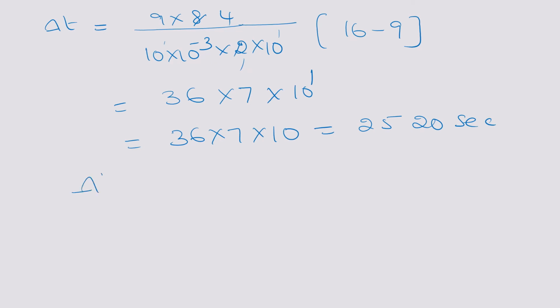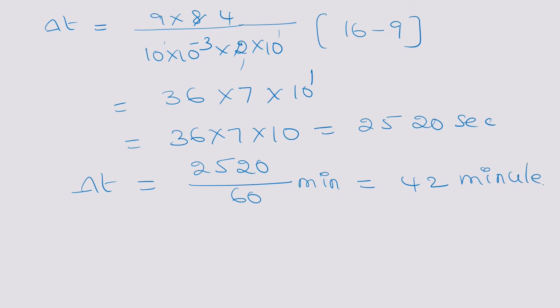So required time delta t is equal to 2520 by 60 minutes. So that is equal to total required time 42 minutes. Okay, so therefore delta t is equal to 42 minutes. Okay, next we will go to the next question.